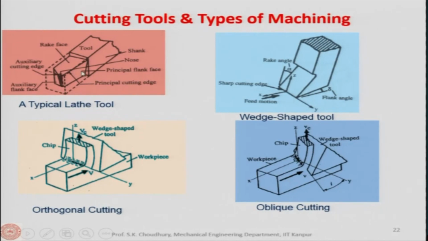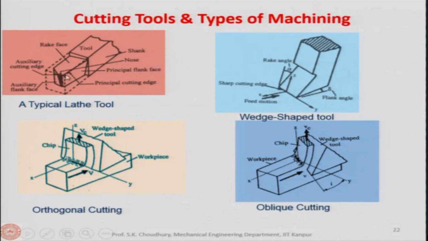So, with this rake face on which the chip will be flowing, we have two faces. The principal flank face here, because this is formed by the principal cutting edge, and the auxiliary flank face here, because this is formed by the auxiliary cutting edge. Now, here this portion which is used to clamp the tool in the tool post is called the shank.